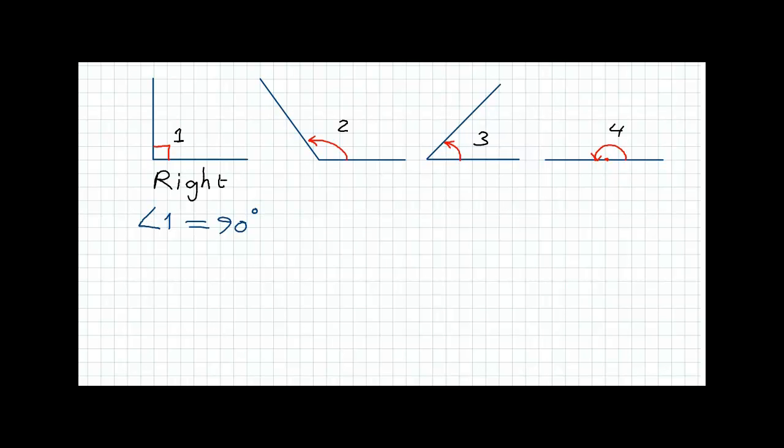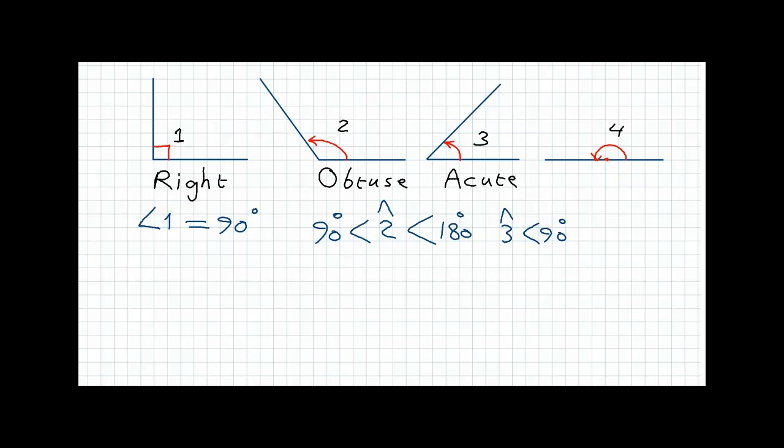And we call it an obtuse angle if it is greater than 90 degrees and less than 180 degrees. But we will call it an acute angle if it is less than 90 degrees. And it is called a straight angle if it is equal to 180 degrees.